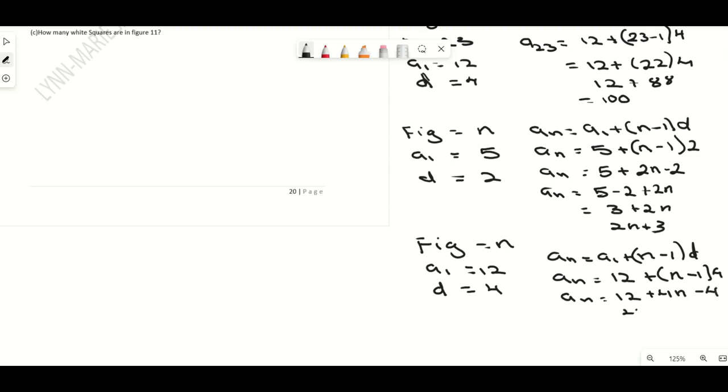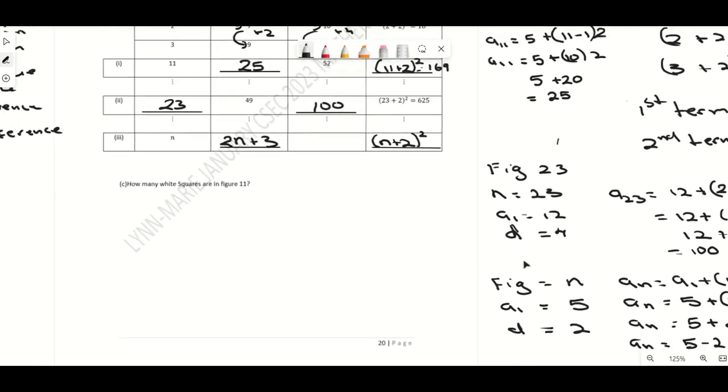You group like terms, so you have 4n plus 12 minus 4. 12 minus 4 is 8, so it's going to be 4n plus 8. And that would be your formula for the second part here: 4n plus 8.